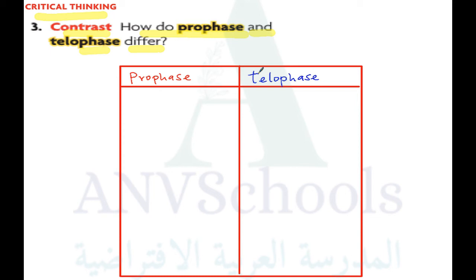The DNA and proteins condense into tightly coiled chromosomes.